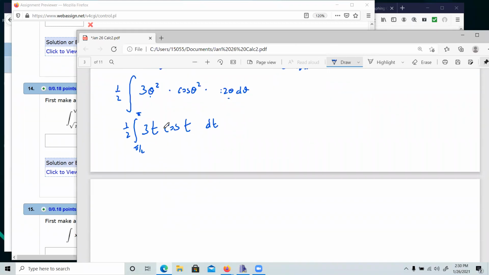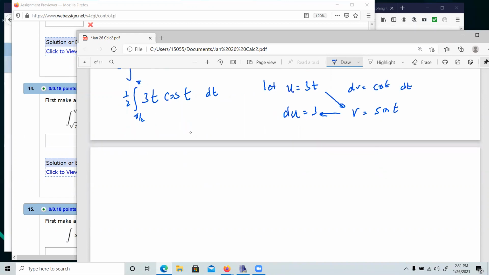Now we can just do integration by parts. Let u equal 3t, du is just 3. dv is equal to cosine t, and v, what's the integral of cosine? I think that's sine. The derivative of sine is cosine, so that's how that works. And then we can just do our box.